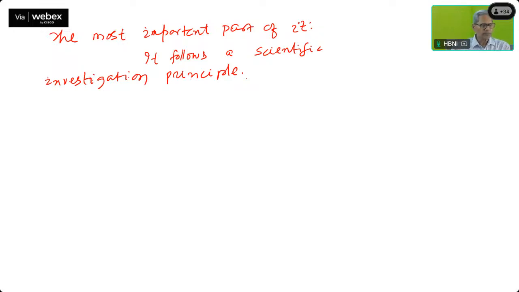As I told you, research methodology in definition is a specific procedure or technique used to identify. The first ingredient of research methodology is identify.